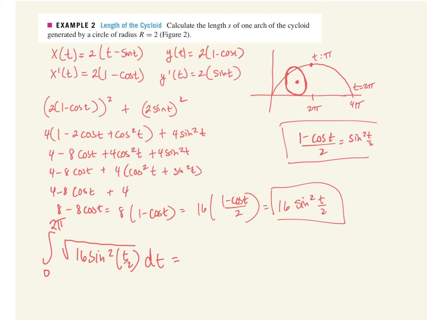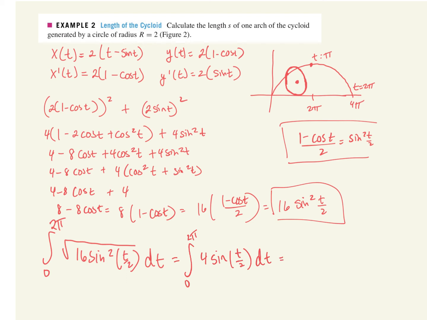All right, so I can square root that very easily, right? And then I have the integral 0 to 2 pi of just 4 sine of t over 2 dt, right? So I can, of course, anti-derive my sine. I can just deal with this with a linear chain rule shortcut, right? If it's linear on the inside, I divide by that 1/2 to undo that.